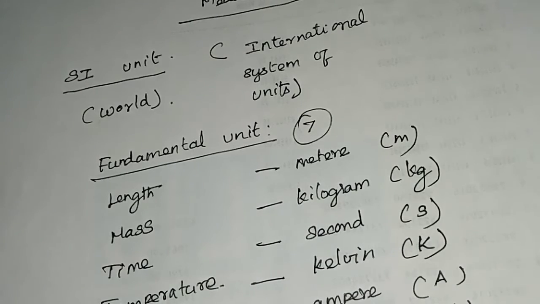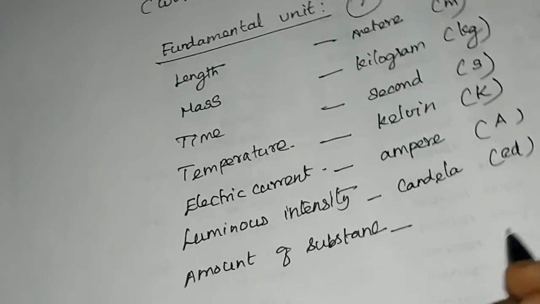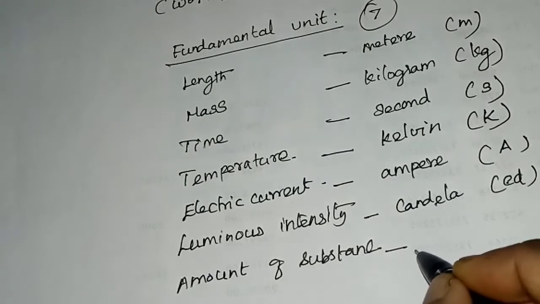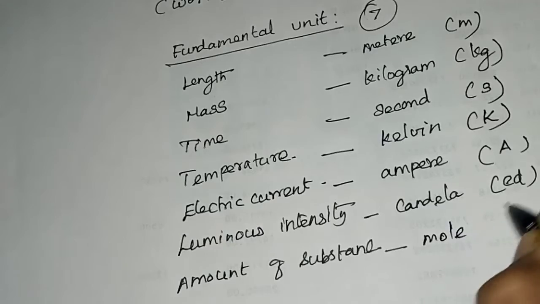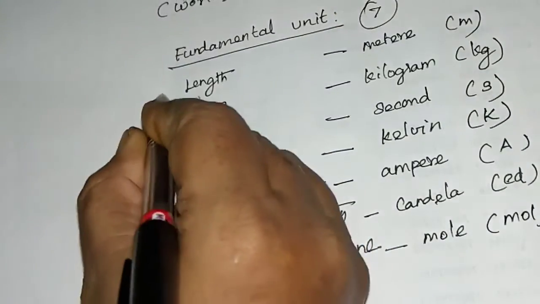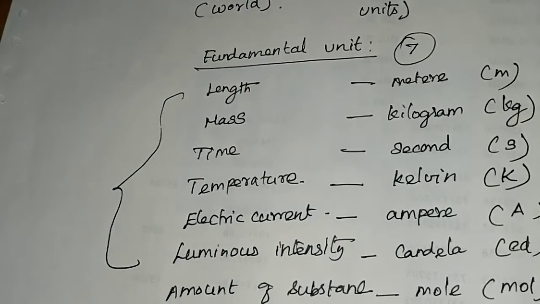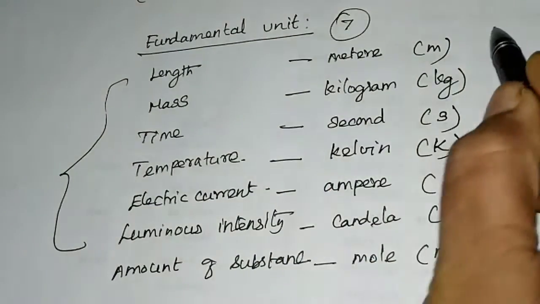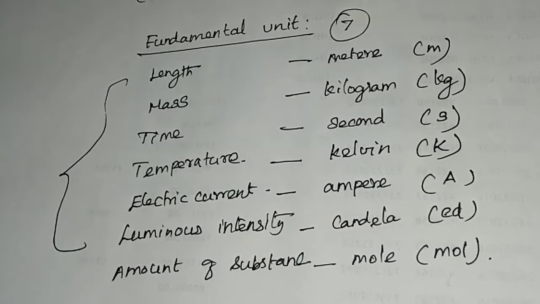Amount of substance means how many moles, that is, how many molecules a substance contains. That is measured by the unit called mole, and the symbol is mol. So these are the 7 basic units that are accepted all over the world. These are what we call fundamental units, and next are derived units.